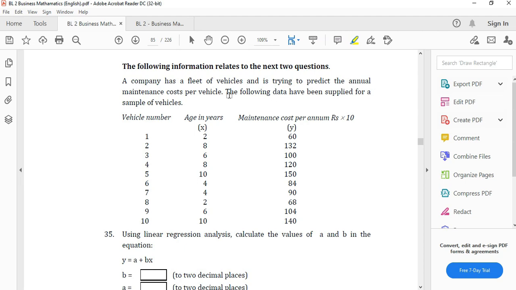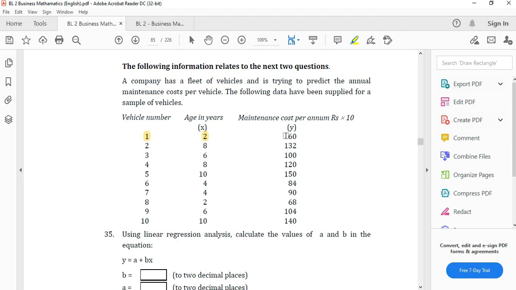A company has a fleet of vehicles and is trying to predict the annual maintenance cost per vehicle. The following data have been supplied for a sample of vehicles. So these are the samples 1, 2, 3, 4, 5, 6, 7, 8, 9, 10. And this is the years, how long the vehicle has been used for: 2 years, 8 years, 10 years and so forth.